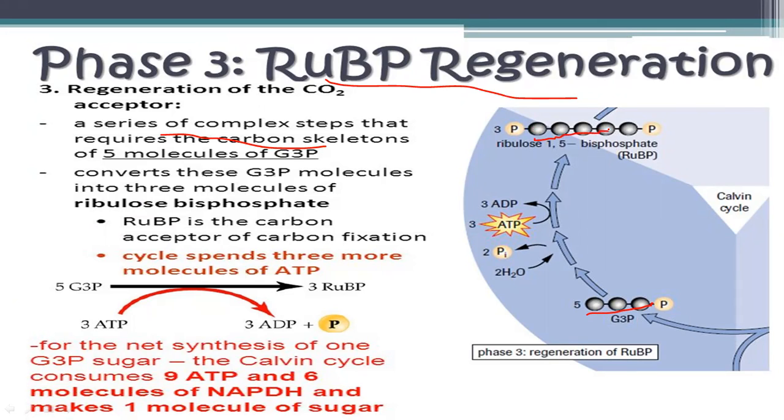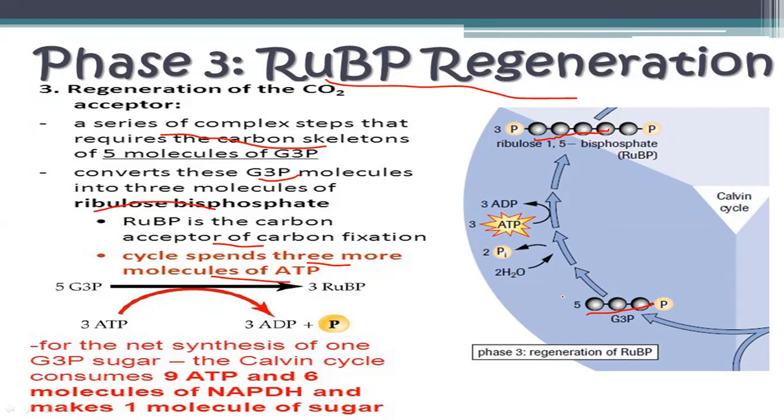So how will it be formed? The cycle converts these G3P molecules into 3 molecules of ribulose bisphosphate. So ribulose bisphosphate is the carbon acceptor of the carbon fixation process. The cycle spends 3 more molecules to convert this G3P into this 5 carbon compound.